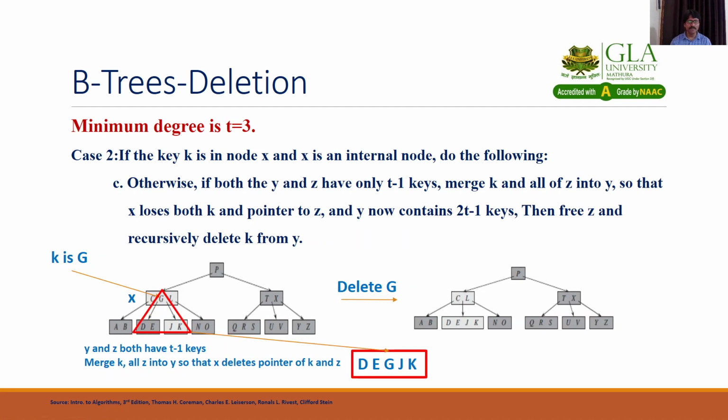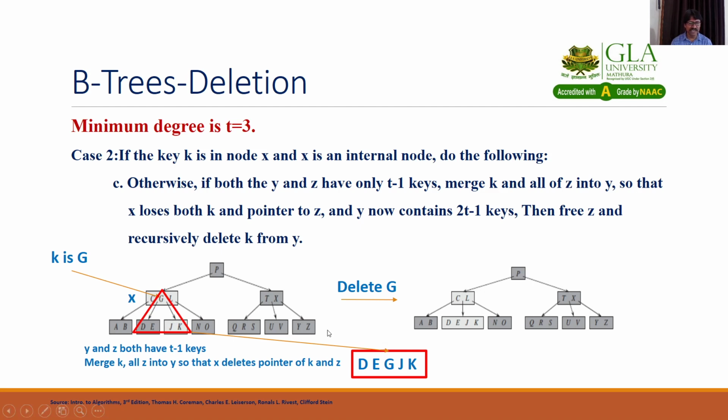So now case third is also applied over the internal node. You will see what happens if both the children have T minus 1 keys. It means we do not have an extra key in either the left child Y or the right child Z to replace this J. So we have to merge all these 3 elements: the left child, the parent, and also the right child.